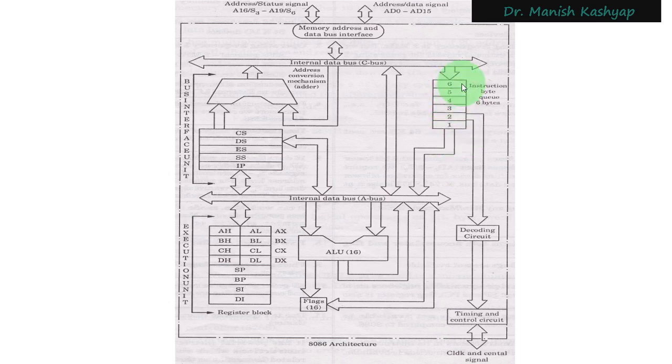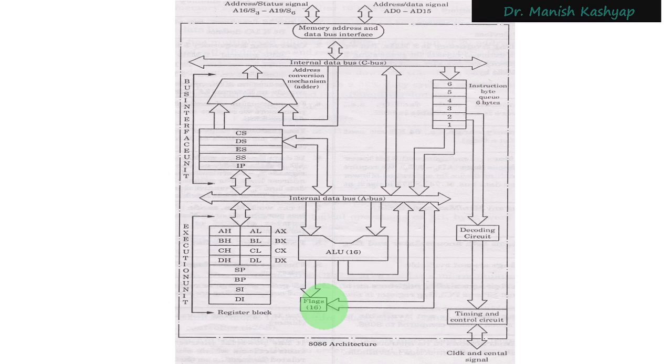This adder is additionally placed here for address generation logic, which we are going to study soon. Then this flag register is of 16 bits, which contains some additional 8 bits representing other flags also, and it is called the program status word. I guess this is a fairly good introduction to the architecture of the 8086 microprocessor.